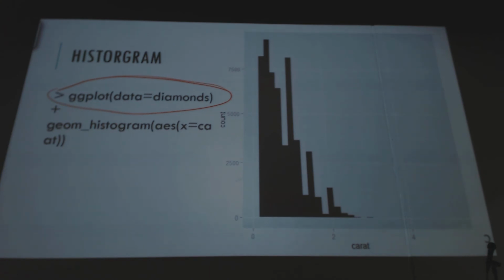So this is the first layer. What I'm telling my function is that I'm going to plot this data set, and the next layer is saying that I want to build a histogram, and it's visibly better than what we drew, right? Our histograms didn't look that nice.